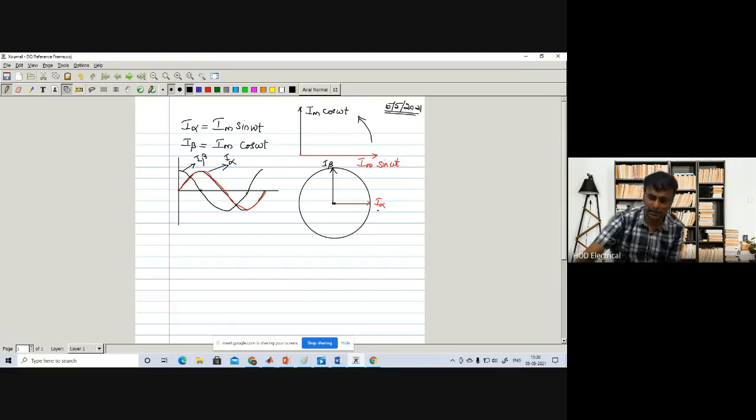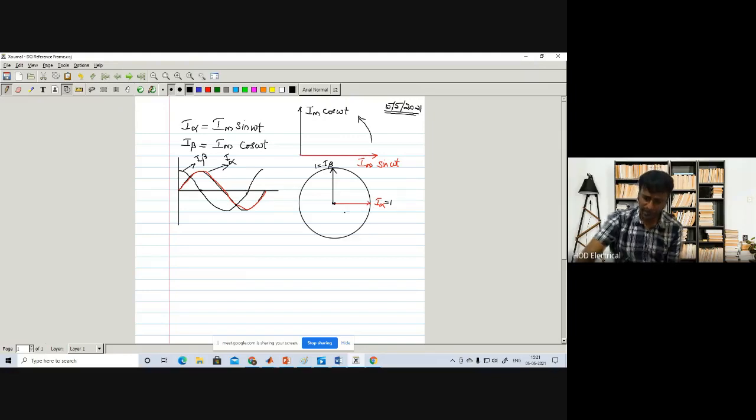So this is our case, alpha and beta. Now assume that beta is leading alpha by 90 degrees. Therefore this is a unit circle, and assume the magnitude is 1. The magnitude of these two will be 1, and in the unit circle it will rotate.